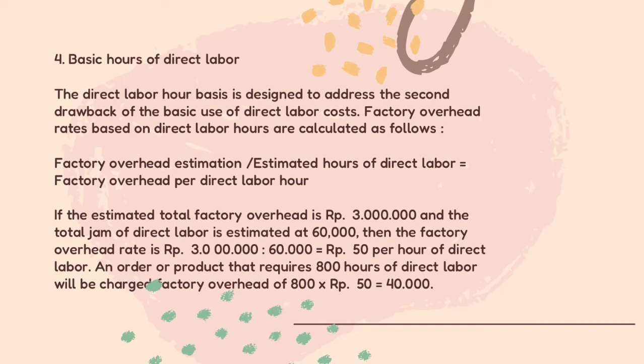So, if the estimated total factory overhead is 3 million rupiah and the total hours of direct labor is estimated at 60,000, then the factory overhead rate is 3 million divided by 60,000 equals 50 rupiah per hour of direct labor.